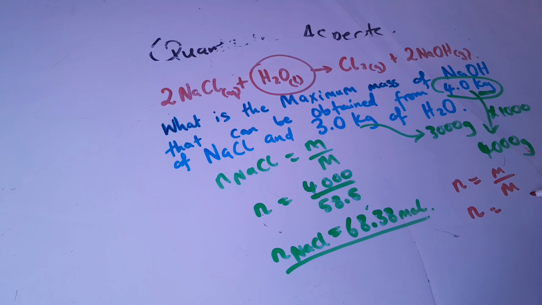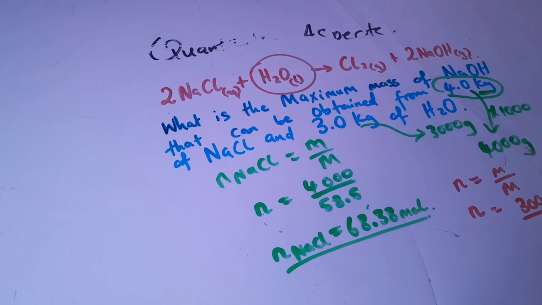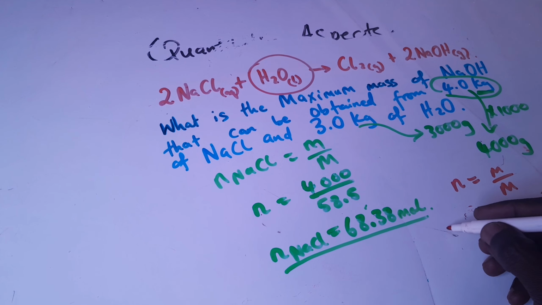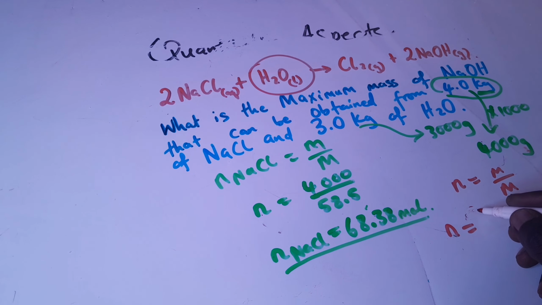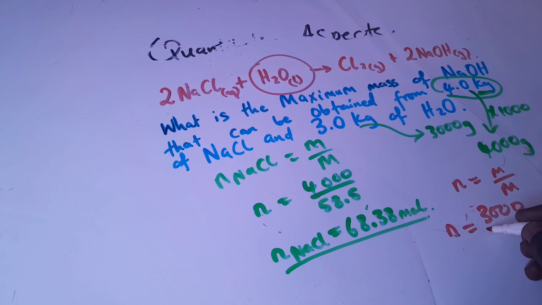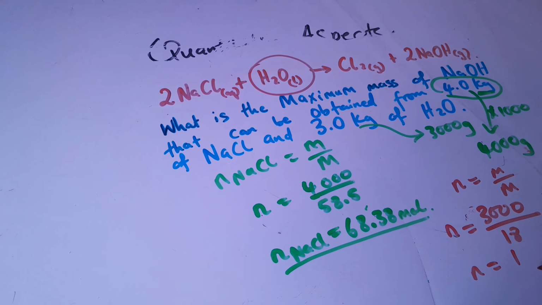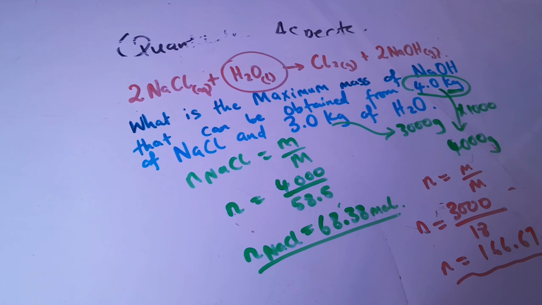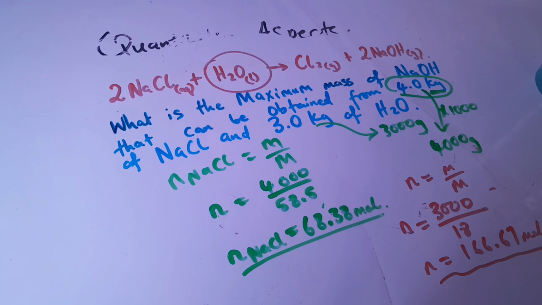Mass is 3,000, over the molar mass of water, which is 18. So 3,000 over 18. What do you find? 166.67. These are the number of moles of what? Of water, right? 166.67.